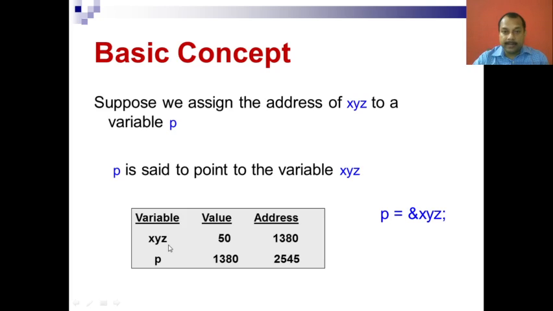How I will declare it, I will come to shortly, but before that, in order to assign the address of xyz, what do I need to write in p? That is p equals ampersand xyz semicolon. By this ampersand xyz, I am basically passing the address of xyz, and that address is going and getting stored in p.